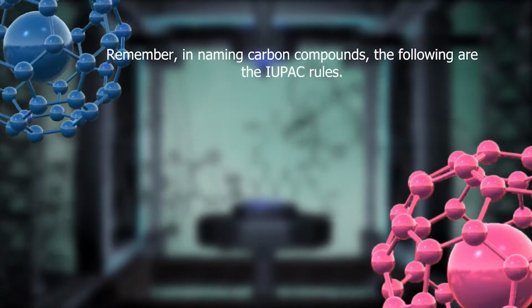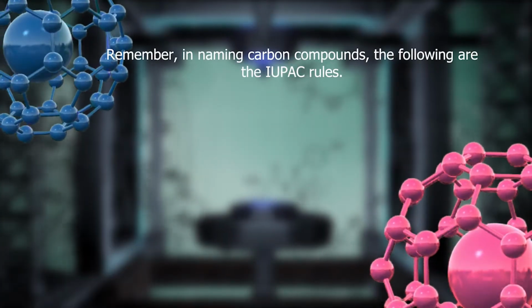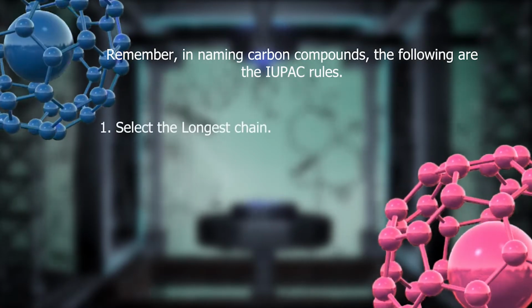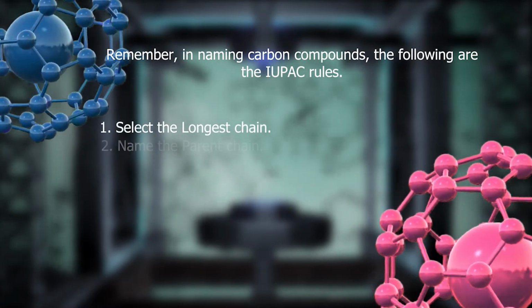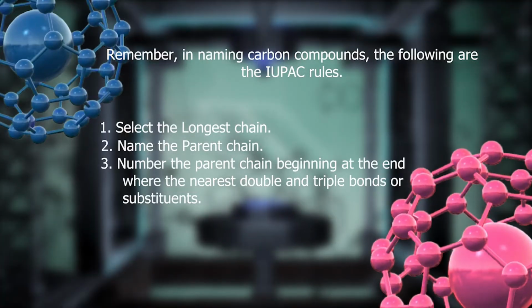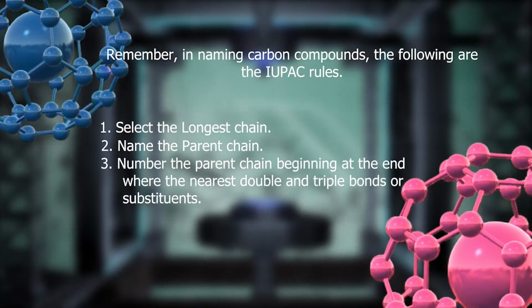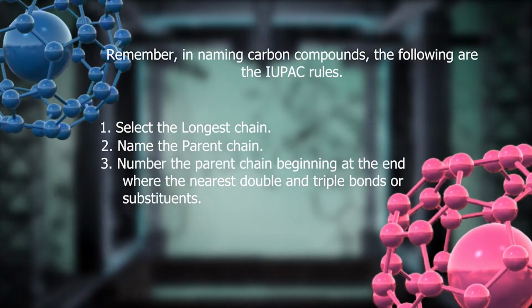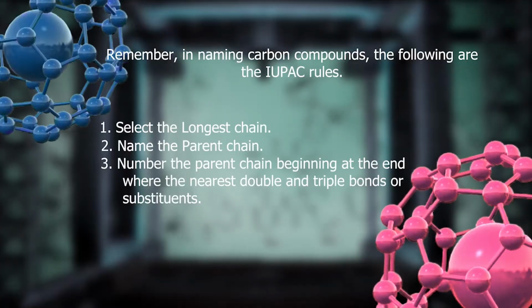Remember, in naming carbon compounds, the following are the IUPAC rules. Number 1, select the longest chain. Number 2, name the parent chain. Number 3, number the parent chain beginning at the end nearest the double and triple bonds or substituents.